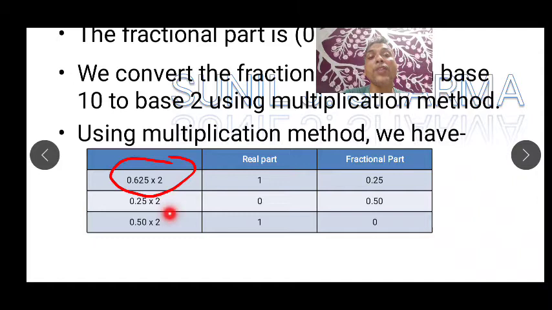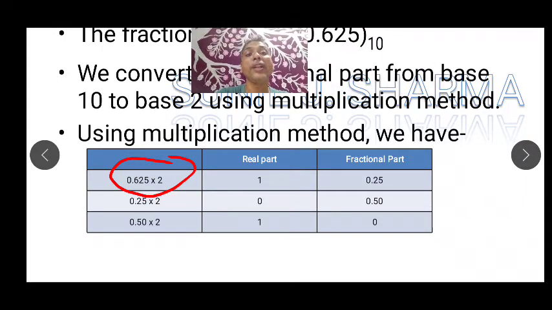Can you see here also we are multiplying only by 2. We cannot take any other number because we have to change it to binary. Now this time when you multiply 0.25 by 2 it will be 0.50. So the real part we will consider as 0 only.